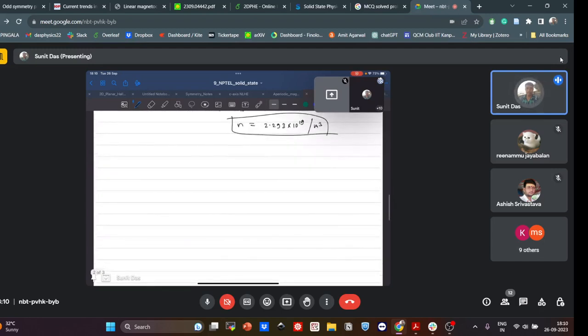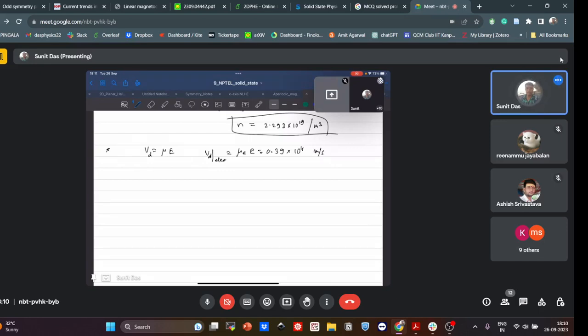Next we need to find drift velocity. The formula for drift velocity Vd is mobility into electric field. So we have both the variables. Vd for electron will be mu n into electric field, so 0.39 into the electric field, which is given as 10 to the power 4.